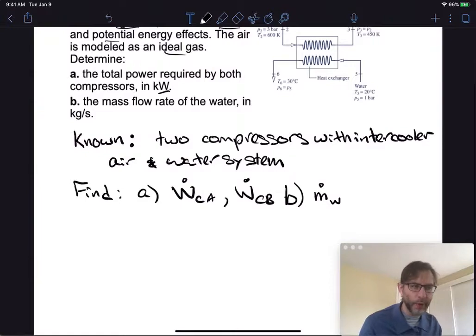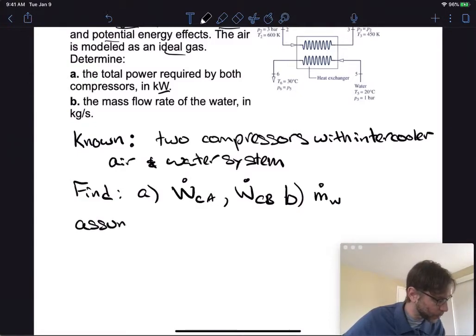All right, so what this requires is that we're going to take different control volumes, okay? So we can't just take the whole system because we're being asked what's happening into these individual different states. So what we're going to do is make some assumptions first. Some assumptions we're going to make. One, air is an ideal gas.